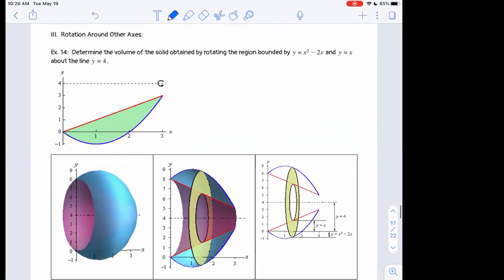If you feel really confident with the stuff that we've done already, then this could be a good sort of challenge place to think. But if you're like, I'm really just struggling to make sure I set up my regular situations where I have an axis of revolution of the x-axis or the y-axis, then that is a place where you should definitely spend the time, okay?